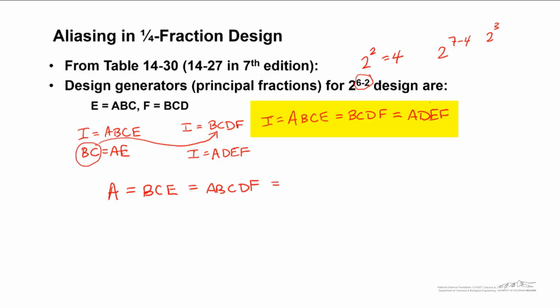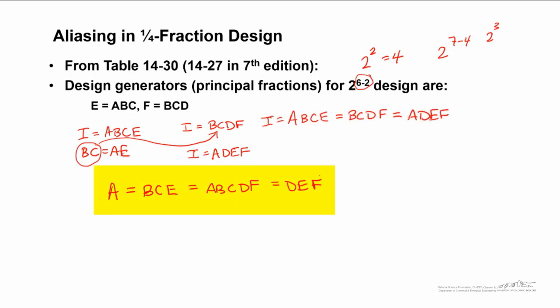And then A, if multiplying that last one, would be DEF. So this is the aliasing structure for a 2 to the 6 minus 2. A is aliased with these 3 other interactions, and you see that A is aliased with only 3rd and 5th order interactions. Let me show you how we can do this in Minitab.